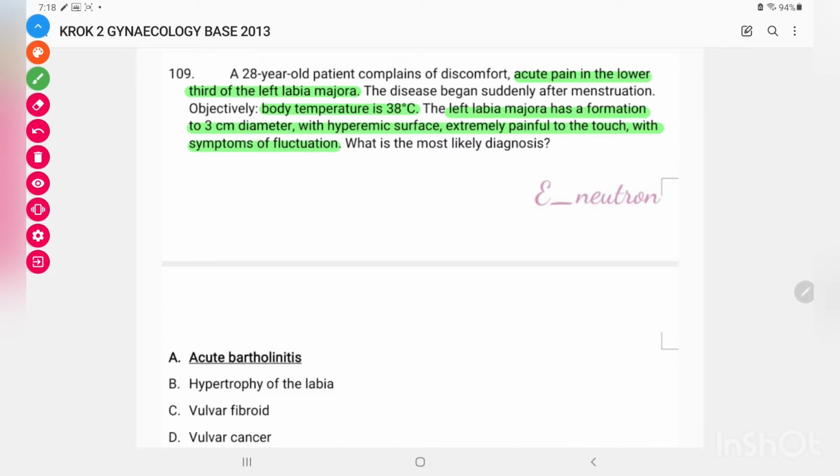So first of all, note that there are symptoms of fluctuation, which means there is abscess formation. The location is the lower third of the left labia majora, with raised temperature and a 3 cm formation, extremely painful to touch.